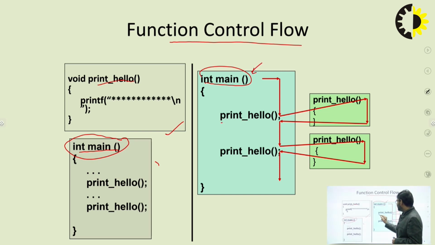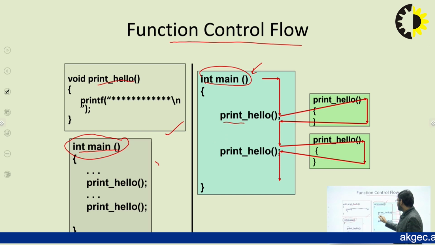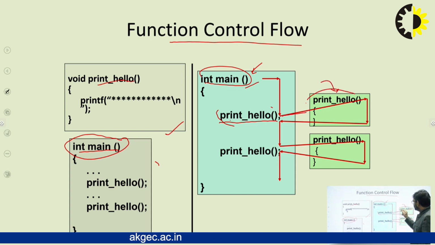Then the first instruction is print hello. So print hello will be called by the main function. Whenever a function call is performed, the control will transfer to that function. So the print hello function will perform its designated task and return control back to main.